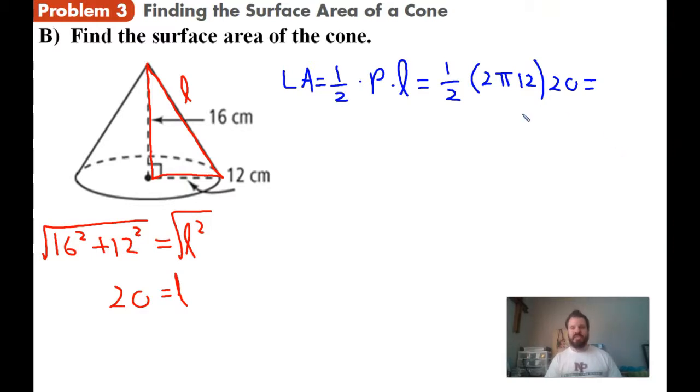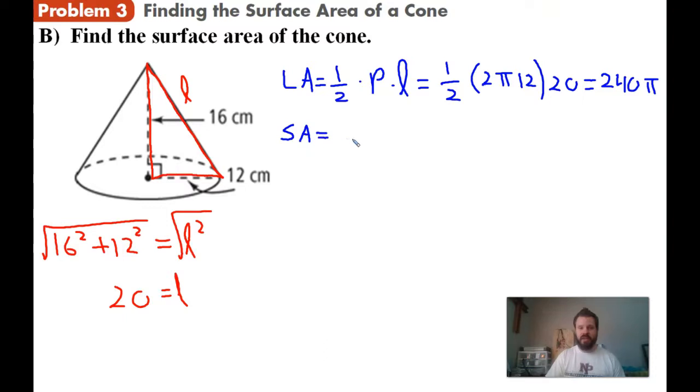And then with this one, since these are all nice numbers, I'm actually going to get a nice number in terms of pi. So I'm going to leave the pi out of this one. If you multiply by pi, that's okay. You could always divide it out at the end. When I go 1/2 times 2 times 12 times 20, that gives me a 240 pi. And nice looking, so that's why I left it in terms of pi.